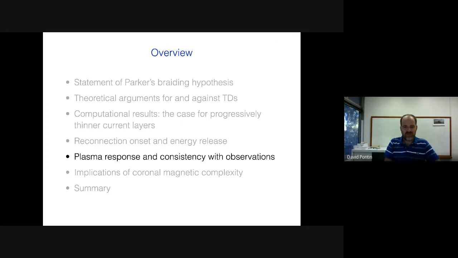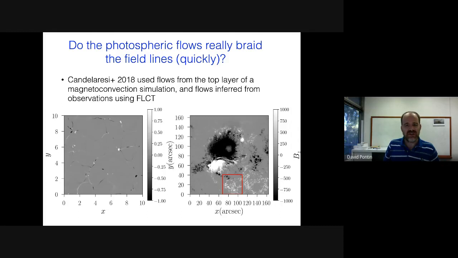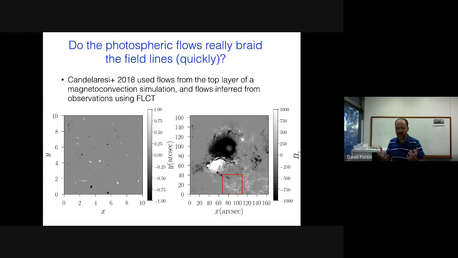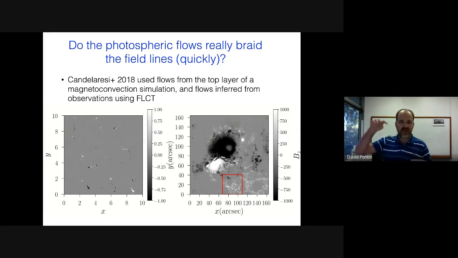Okay, so I'm just going to touch on a few topics now related to the extent to which we can link some of these theoretical studies to the observations. First of all, we had a question of whether these highly braided magnetic fields are in any way realistic.